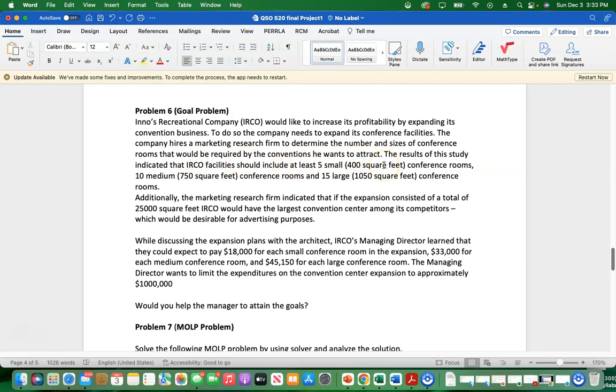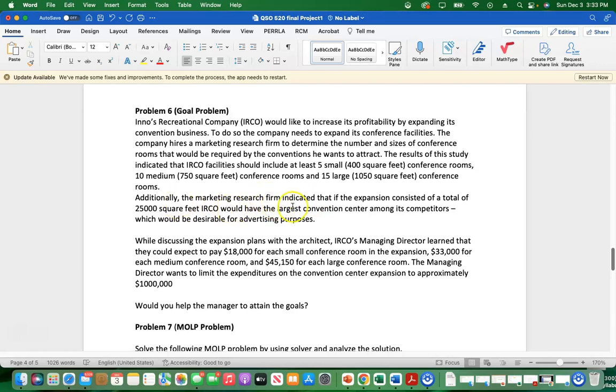The results of this study indicated that the facilities should include at least 5 small conference rooms, and this will be 400 square feet, 10 medium 750 square feet conference rooms, and 15 large 1050 square feet conference rooms.